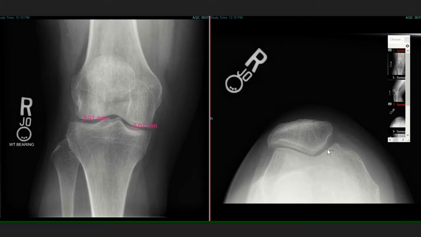So let's measure from the medial condyle up to the medial patellar facet, and we're getting a measurement of approximately 4 millimeters, 4.24, and then up to the lateral facet. This is approximately 3.17 millimeters. So all of those measurements are within normal limits as described by the AMA Guides.